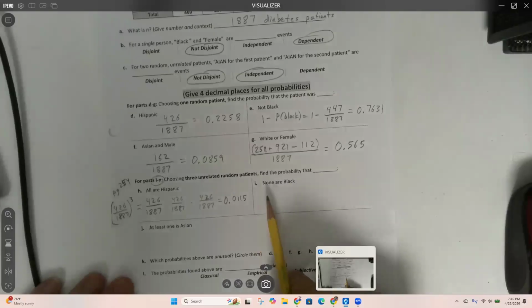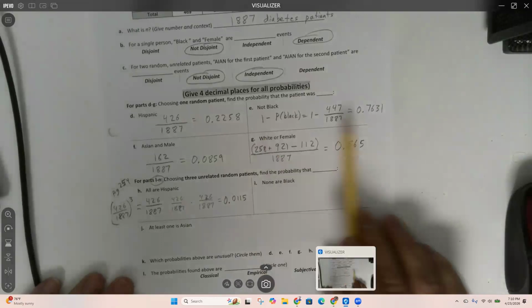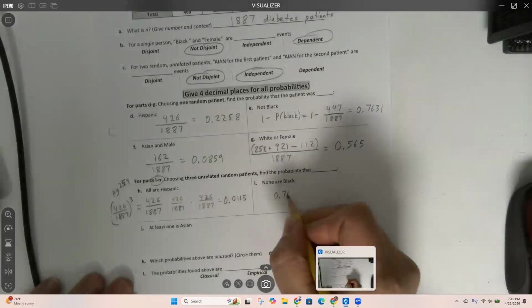3 unrelated random patients. Find the probability that none are black. Okay, so we've already done not black earlier. 0.7631.